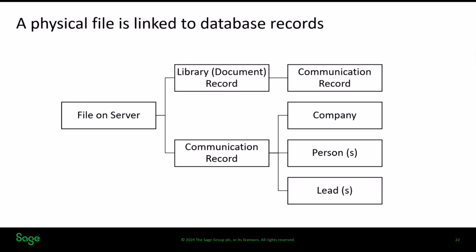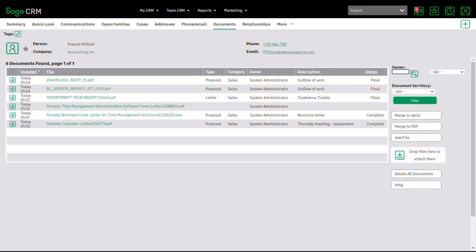We're going to find that it's the library record that is the key thing here. So remove the library record and the document will also go. So that's the reality. Physically, we still have our files on the server.